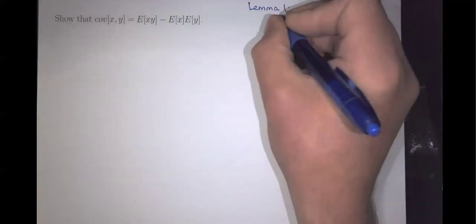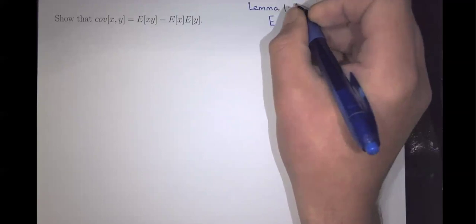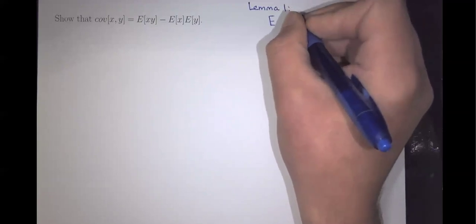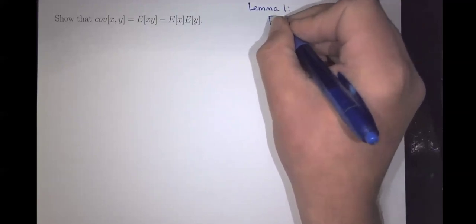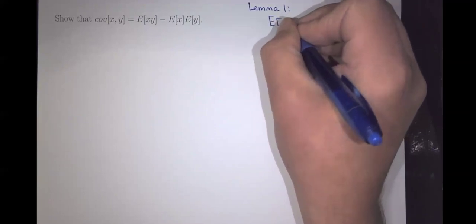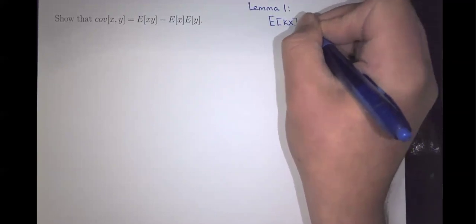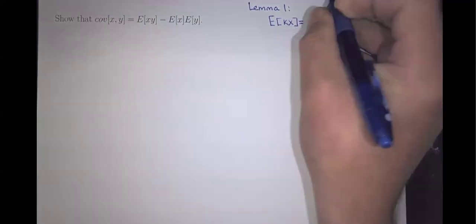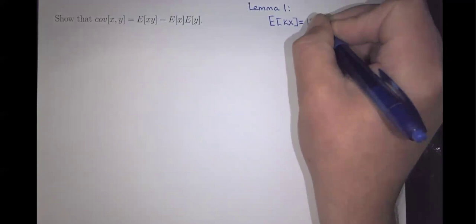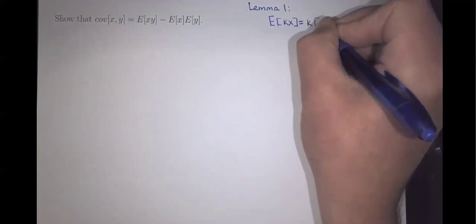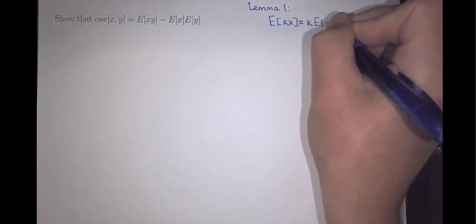We'll call this lemma 1 or fact number 1, that the expected value of k times x, where k is some constant and x is a random variable, is equal to k times the expected value of x.